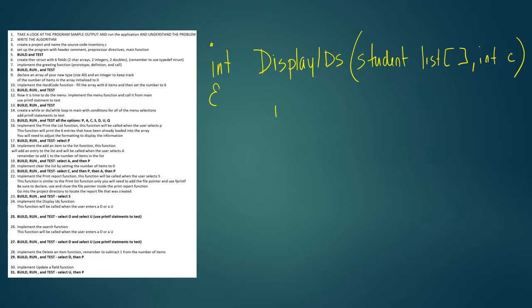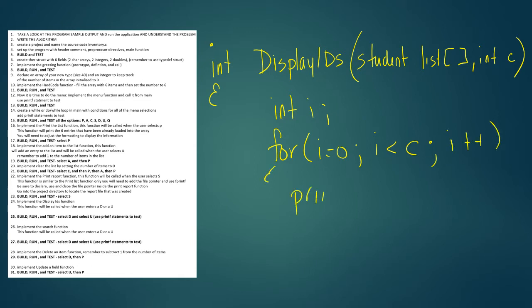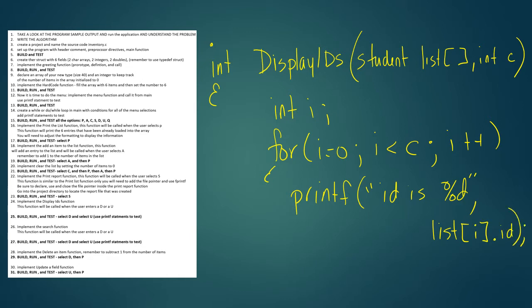So use the same kind of loop: for I equals 0, I less than count, I plus plus, printf, ID is %d, then that's going to be list at index I dot ID, and that's how you display them.